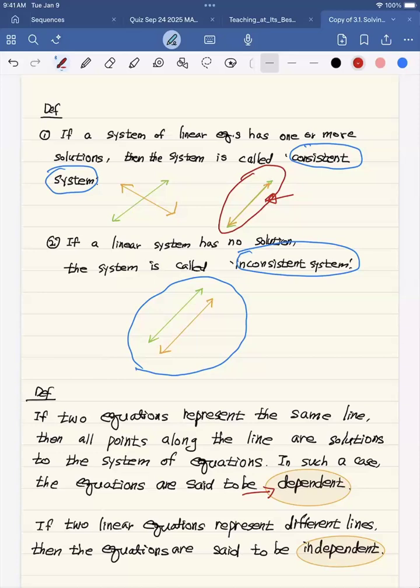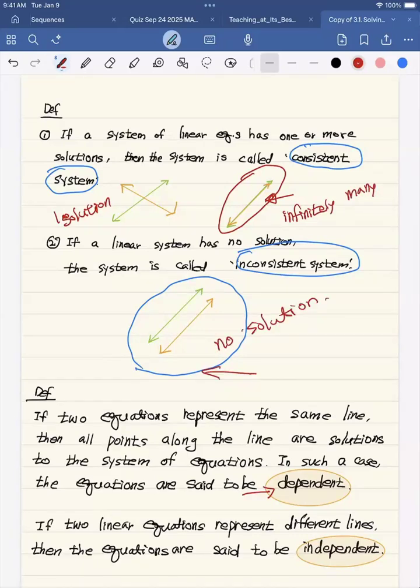So when we consider a system of linear equations, it has either one solution, or infinitely many solutions, or no solution.